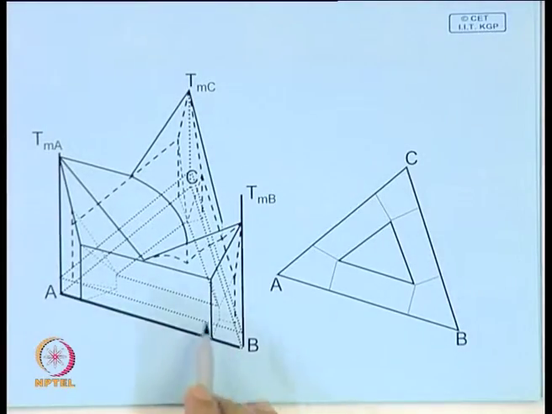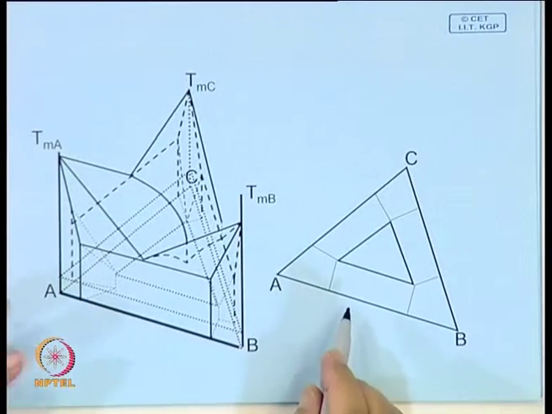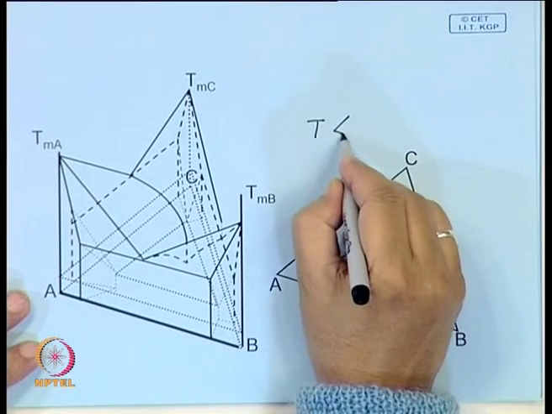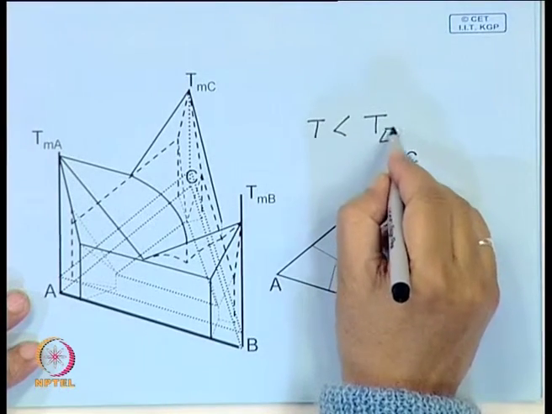And here is a horizontal section at a temperature below the eutectic temperature. That means this horizontal section is below the ternary eutectic.